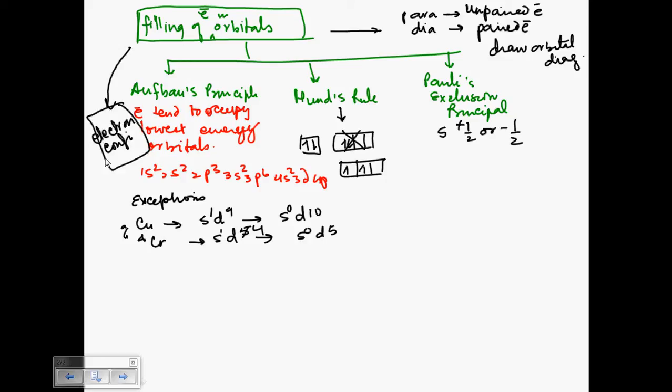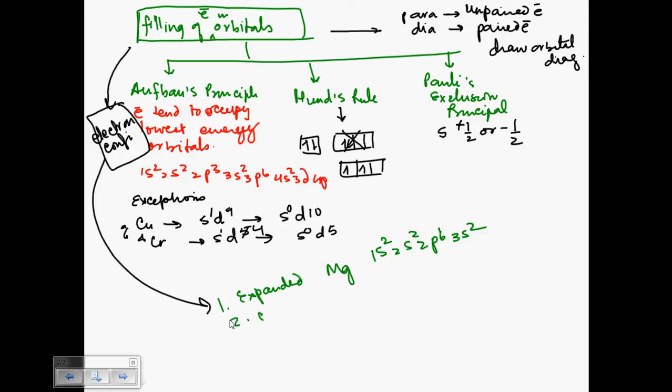And how many types of electron configurations have we studied? One is just the expanded electron configuration. So let's take, for example, magnesium. Its expanded electron configuration will be 1s2, 2s2, 2p6, 3s2. Then there is condensed.